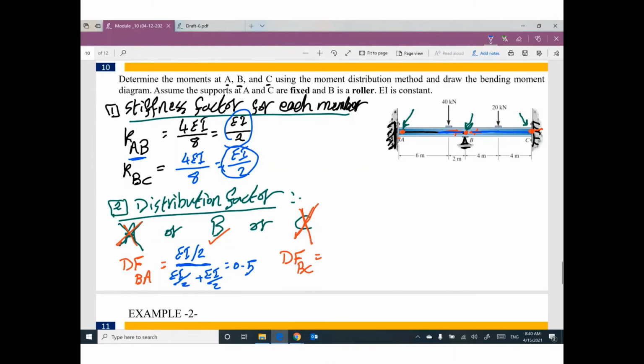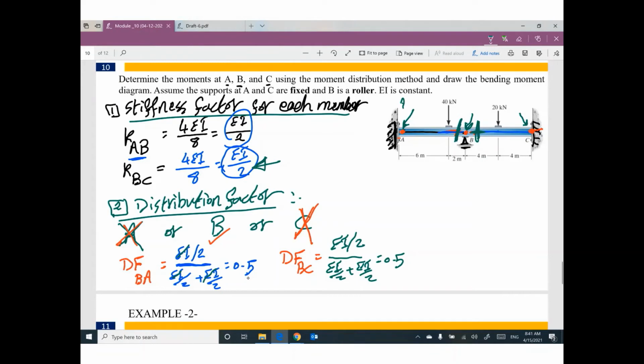If you simplify these numbers, you will get 0.5, believe me. The same for BC, the K value for BC is EI divided by 2, divided by EI divided by 2 plus EI divided by 2 for the 2 members, summation. You will get 0.5. So at this side and this side, we have distribution factors 0.5 and 0.5.